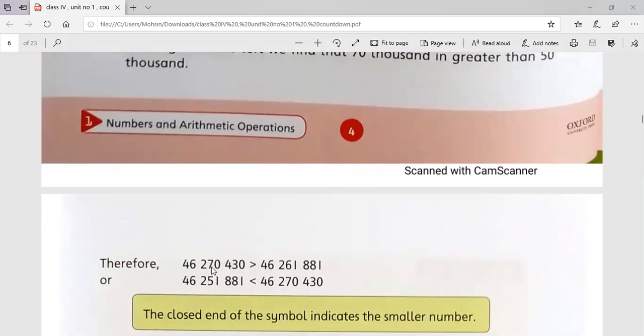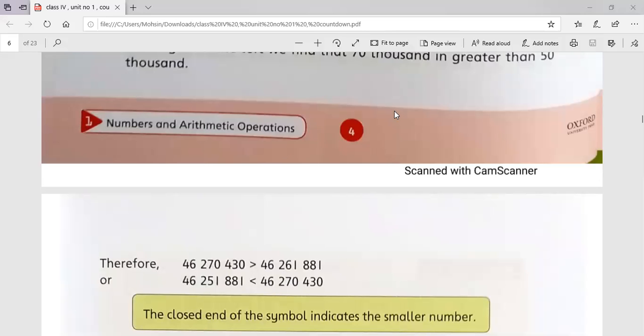So here you have 70,000 and here we have 50,000. So which one is the greater? Of course, 70 is the greater. So the crocodile opens its face towards the 70. Now they write this value, they change their places, and if they change their places, of course, we also change the sign because 70 is greater. So we are going to open the crocodile face towards the 70.